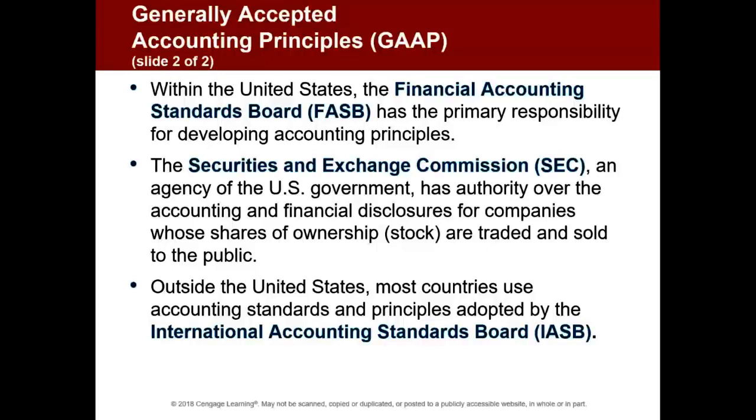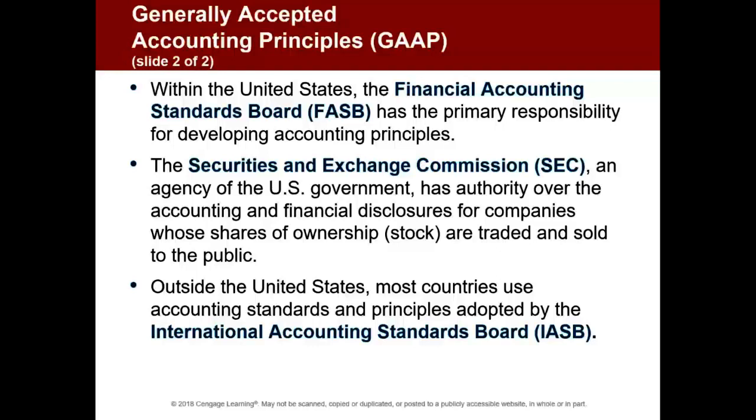It's an agency of the U.S. government. It has authority over accounting and financial disclosures for companies who are publicly traded, which means their stock shares are traded on the open market exchanges. And then we also have a group that has, again, been formed in my lifetime. It's called the International Accounting Standards Board.